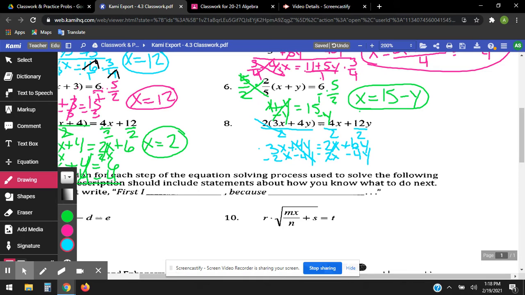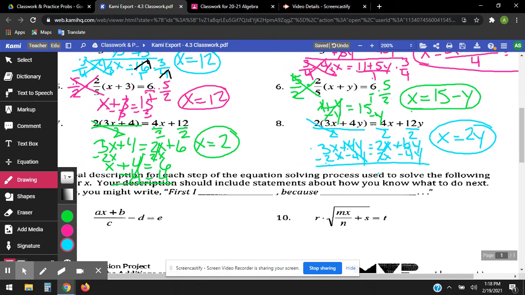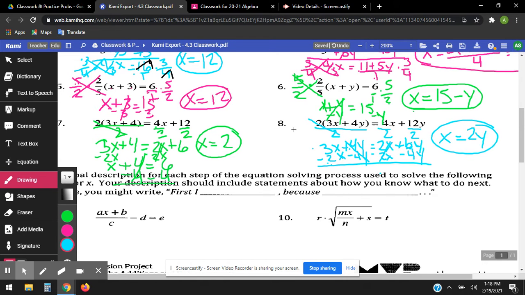Because I'm practicing lining them up with their right variable, you can do them at the same time. Separate, same time, either works. This leaves me with 1x over here. Those canceled, those canceled. 6 minus 4 is 2y's. So x equals 2y.